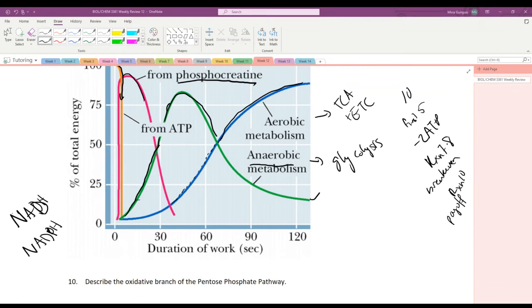So the pentose phosphate pathway is very interconnected to glucose, as you'll see in a little bit, and it provides reducing power and carbon compounds for biosynthetic reactions. It's got a couple of other names, but we're not going to worry about it. We're just going to call it PPP. The PPP is split into two branches: the oxidative branch and the non-oxidative branch.